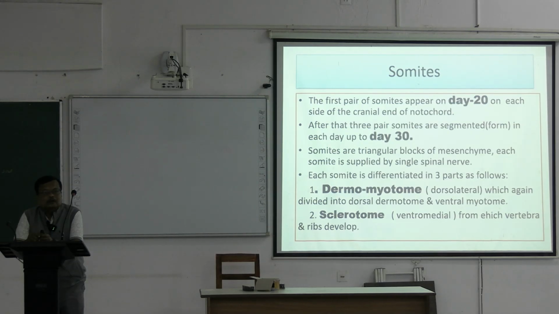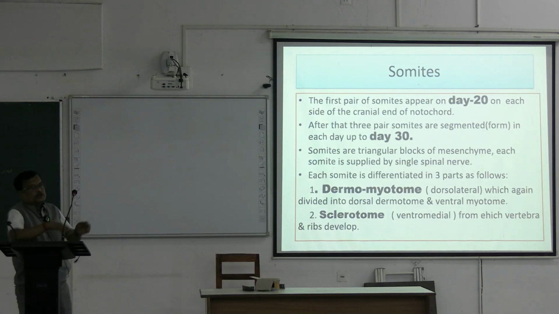For example, I have already told you, the neural tube that is formed is a closed tube, but there is an opening most cranially and most dorsally. We call it the neuropore, the cranial neuropore and the caudal neuropore.